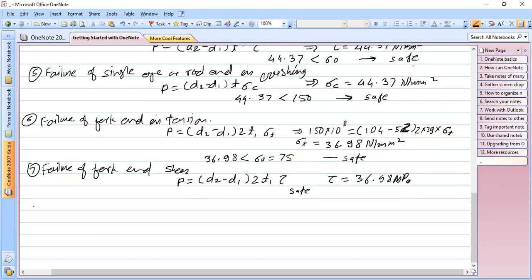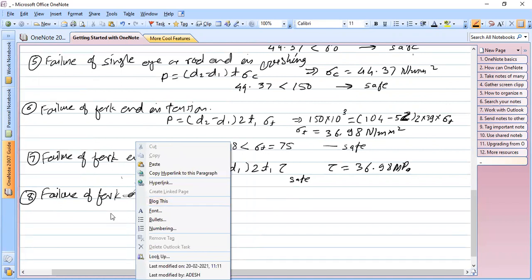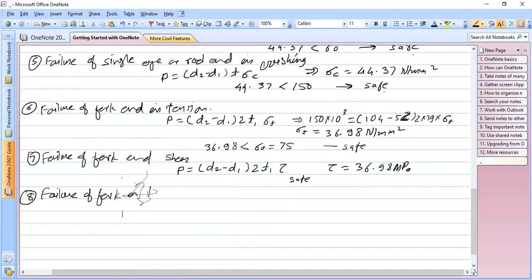After this, we will come to the last one. That is the failure of the fork end in crushing.